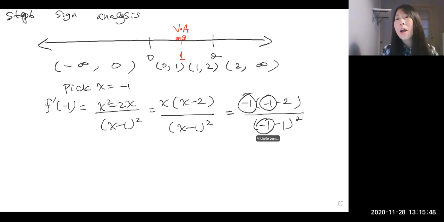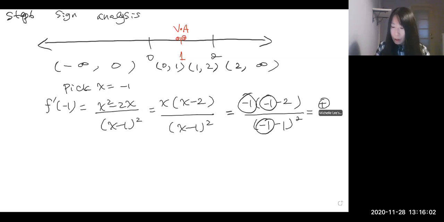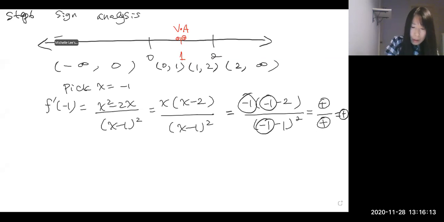We don't have to calculate, we just do sign analysis here. The numerator is negative times negative, which is positive. The denominator is always positive because it's squared. So here it is positive.